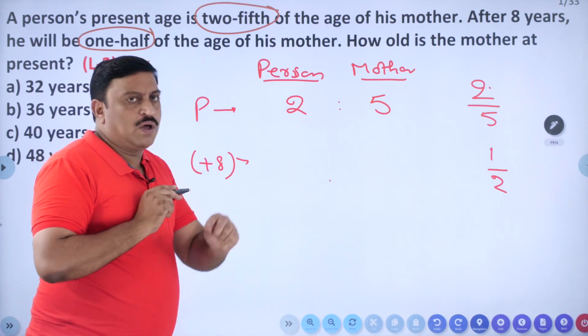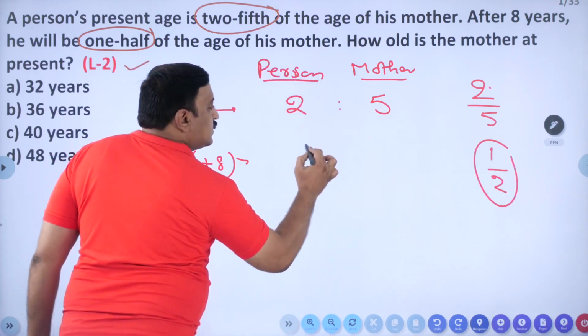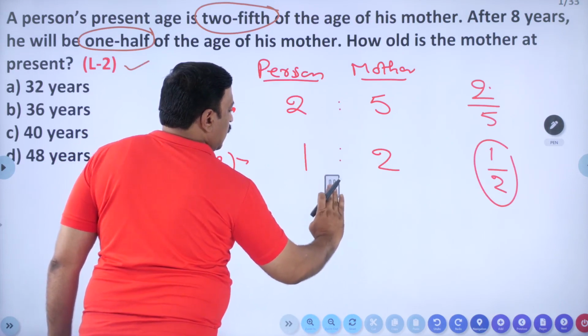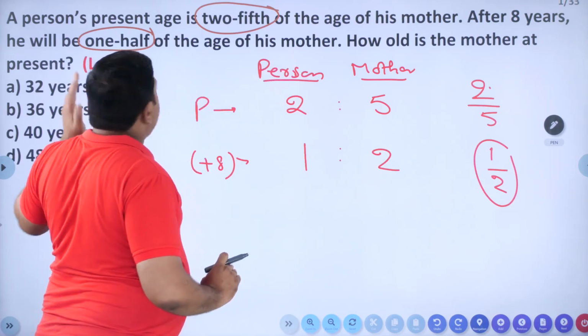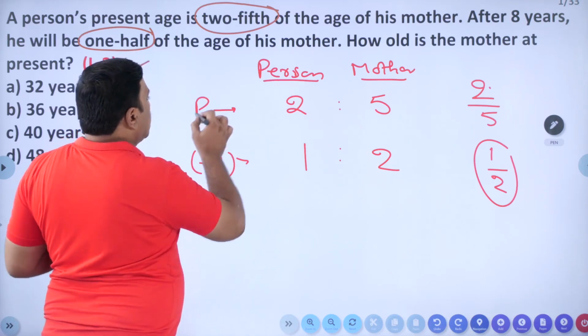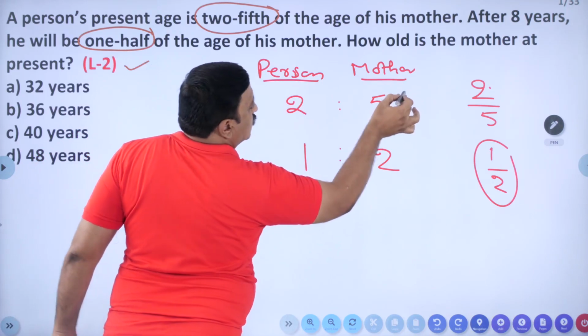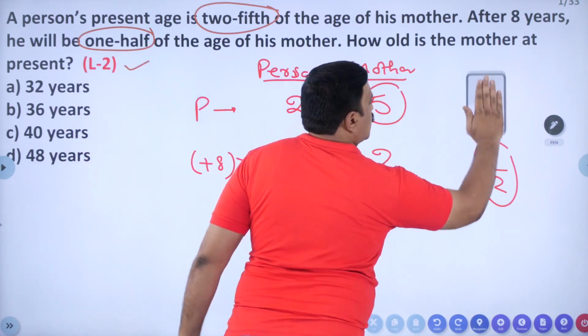So it is wrong. 1/2 means half only. So what is the ratio then? It is 1:2. Very good. Then coming to how old is the mother at present? The present mother is the part we need. So I just round it up. Then we start our solution.